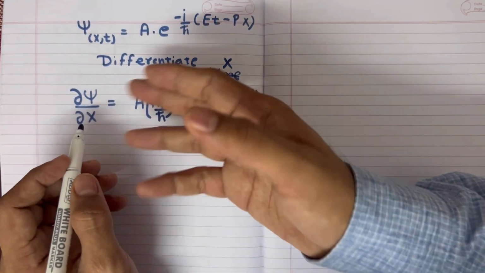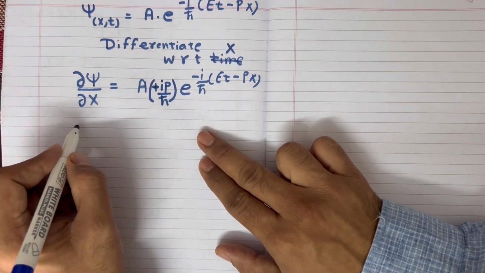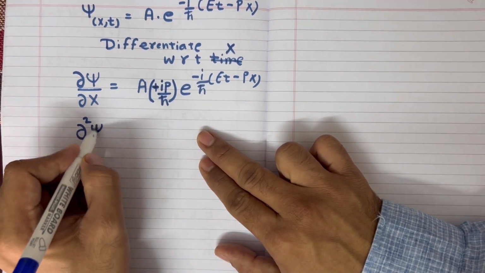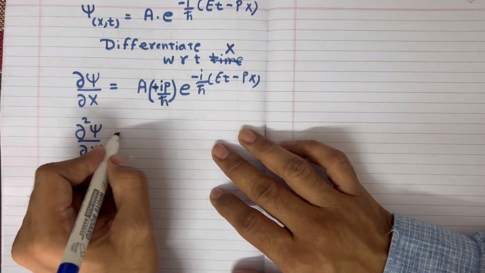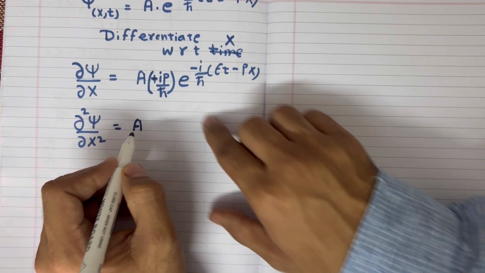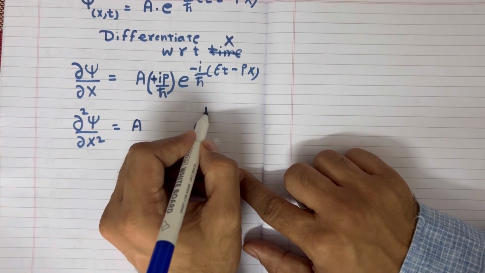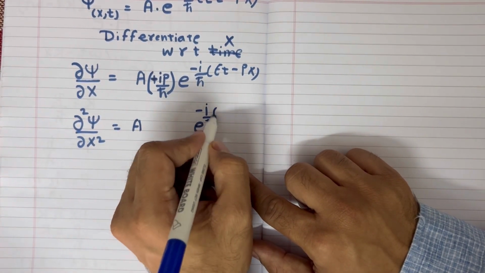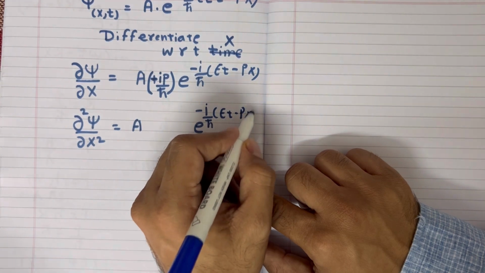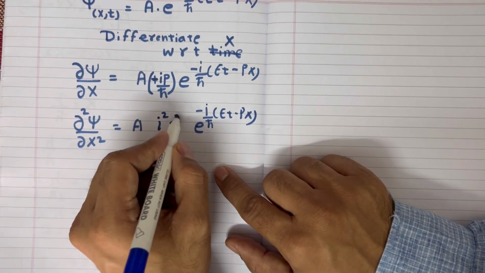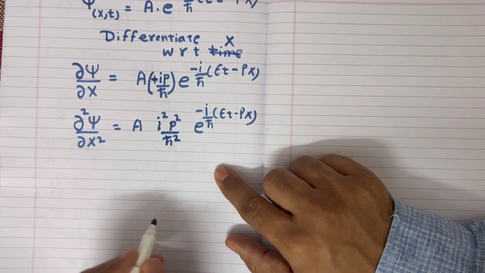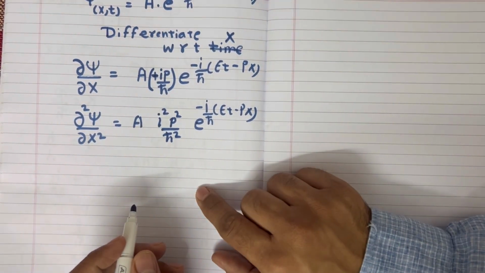Now again let's take the derivative with respect to x. So it becomes a double derivative, but partial with respect to x alone. Once you take the derivative it will be i square p square by h stroke square.